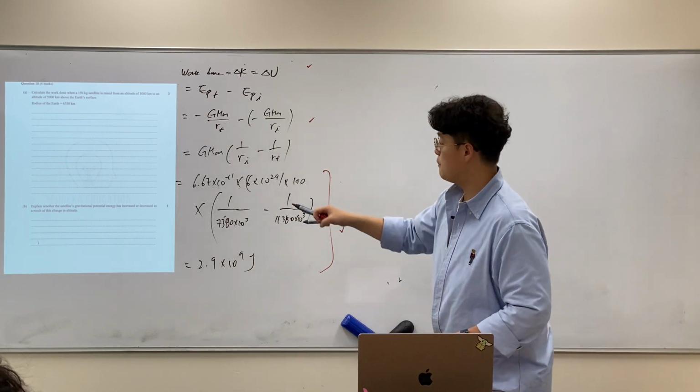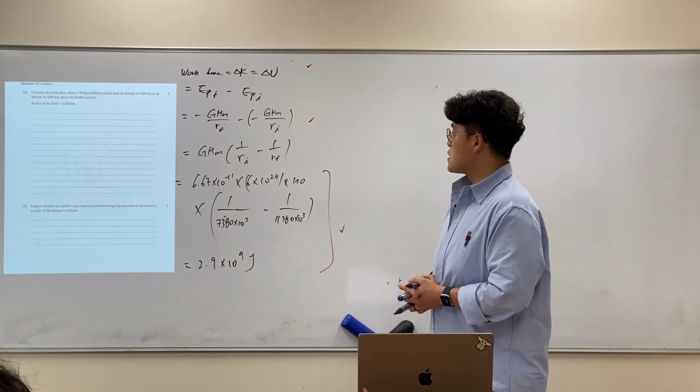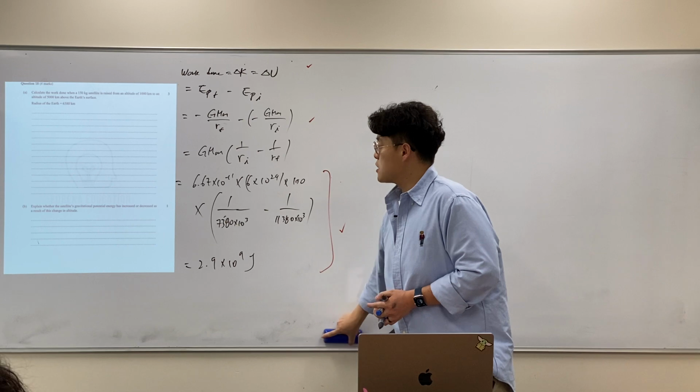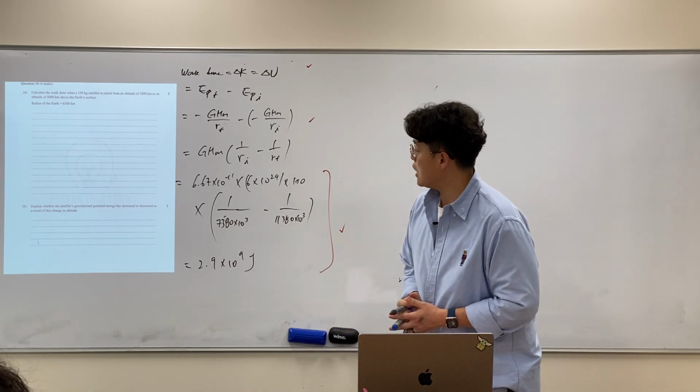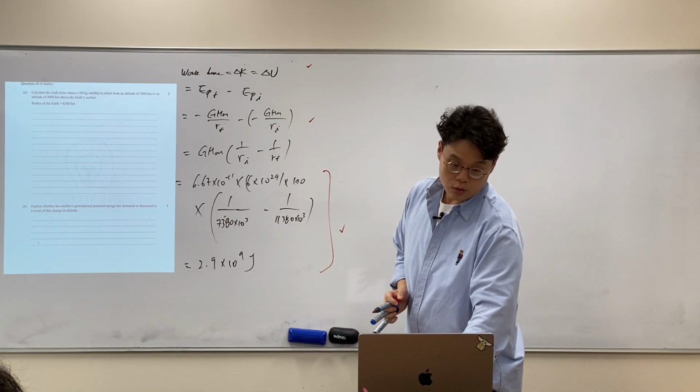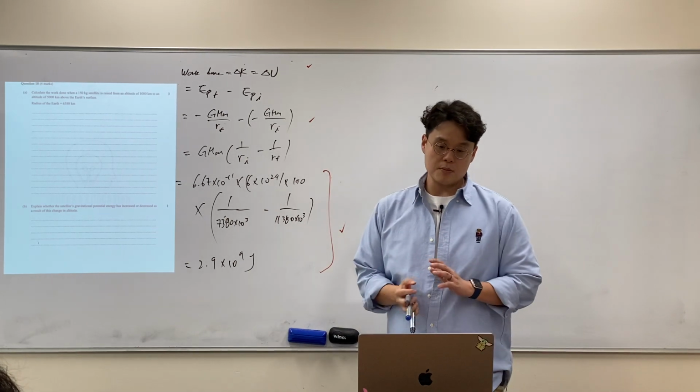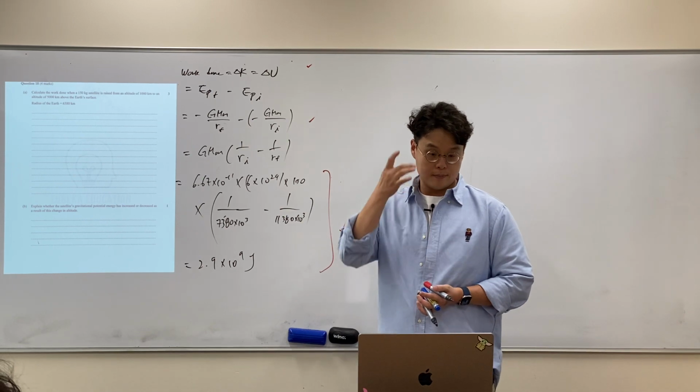All right, B. Explain whether the satellite's gravitational potential energy has increased or decreased as the result of this change in the altitude. Dongyu, has the gravitational potential energy increased or decreased?